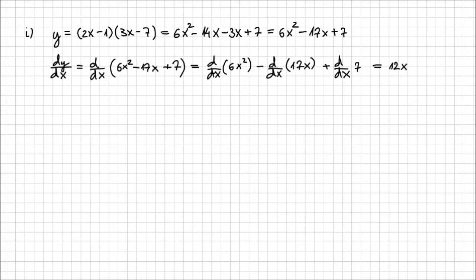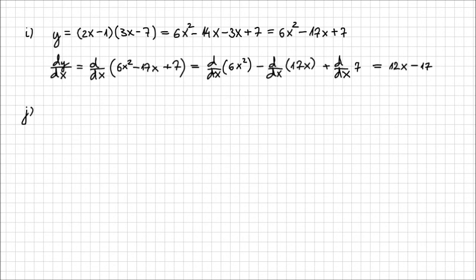I don't write the power 1, right? So it's 12x minus the second derivative, which is 17, the constant, times the derivative of x, which is 1. So minus 17. That's all it is. The last derivative of the constant 7, as we know, is 0, so we don't write that. And you see how simple calculating this derivative becomes.